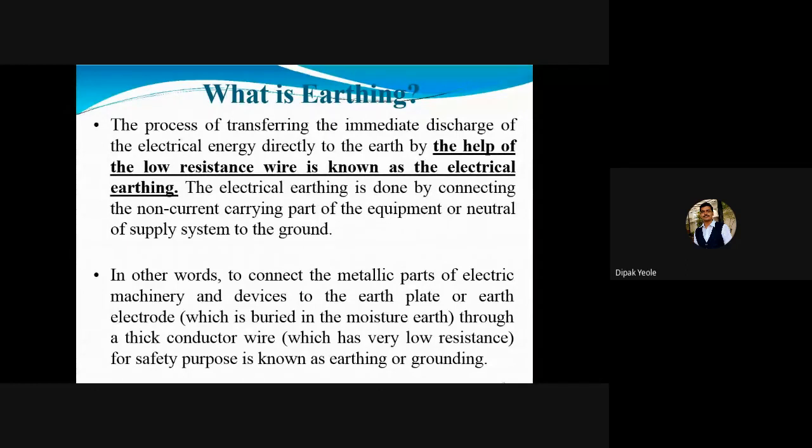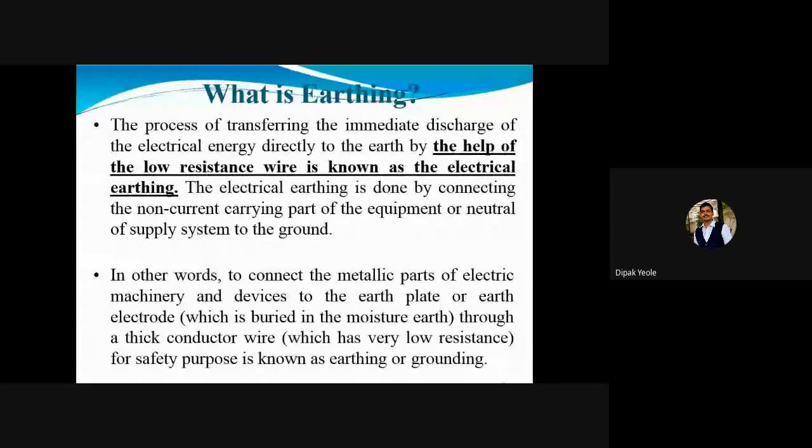It is a process of transferring the immediate discharge of electrical energy directly to the earth by the help of a low resistance wire, known as electrical earthing. The electrical earthing is done by connecting the non-current carrying parts of the equipment. Now, what is the meaning of non-current carrying parts? It means the enclosures, the casing, the outer part of the equipment.